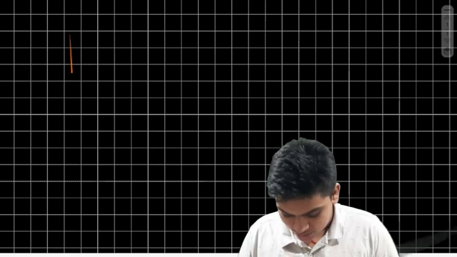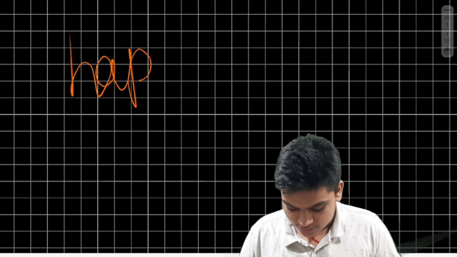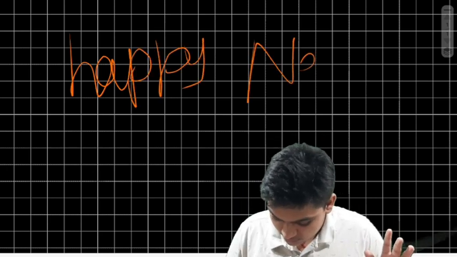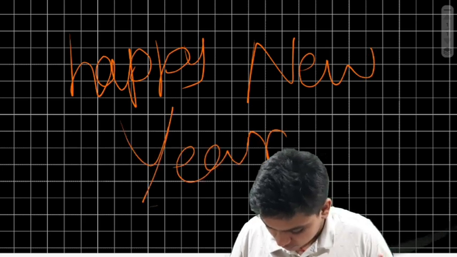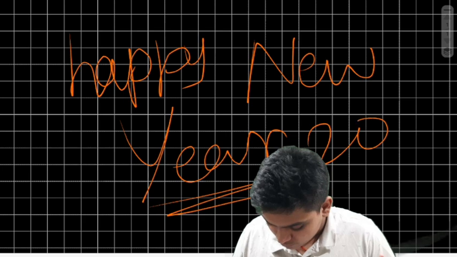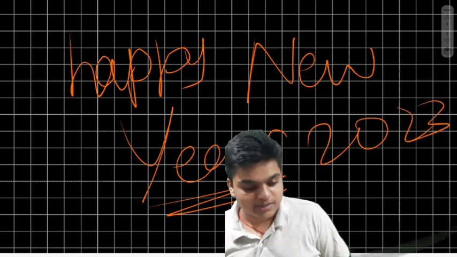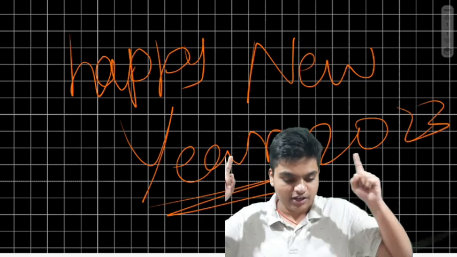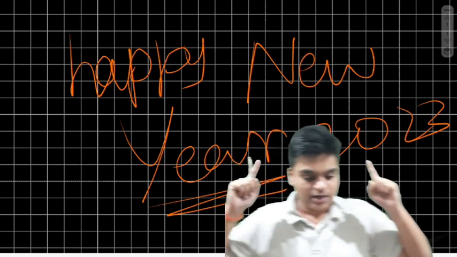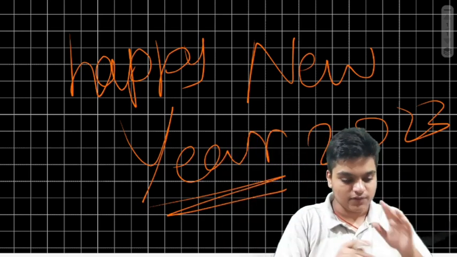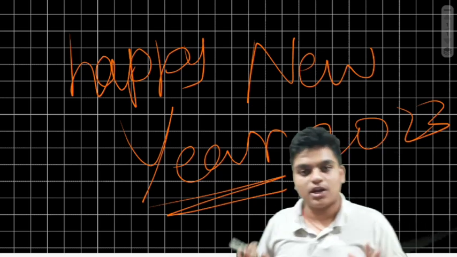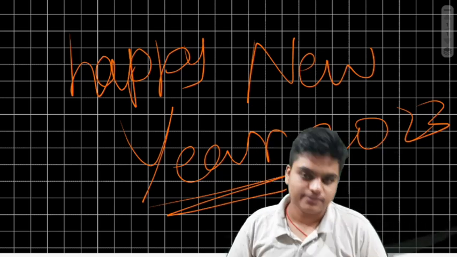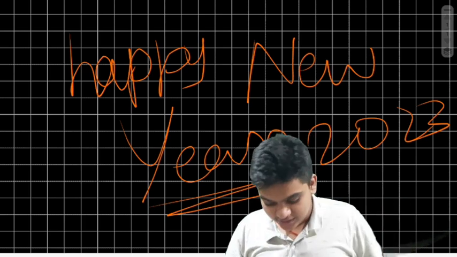Wish you all a very happy new year in advance. Hope this new year brings joy in your life. If the wishes video comes out on that day, it's well and good. If not, happy new year in advance.